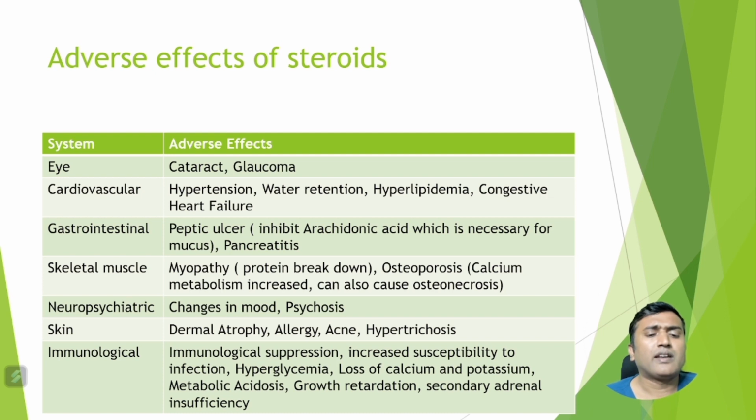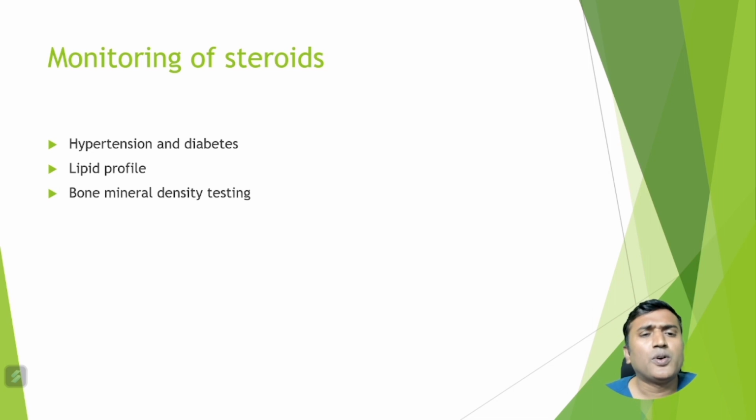And in neuropsychiatric, we can see mood swings, changes in mood, or psychosis. In skin, it can cause hypertrichosis, acne, allergy, and dermal atrophy. Immunologically, we can see immunological suppression and then infection, hyperglycemia, growth retardation, and metabolic acidosis. So, whenever we are giving steroids to the patients, we should keep on monitoring hypertension, diabetes, lipid profile, and bone mineral density.